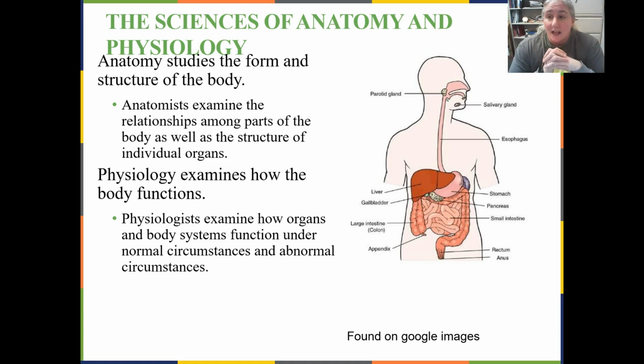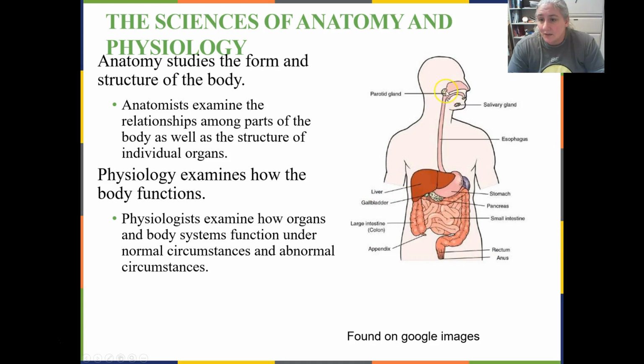So if you're a physiologist, you might be looking at how organs function together. Not so much what are they composed of, but what are they doing. And so over here, what I did was I found this cool image of the digestive system. And it shows the mouth here.